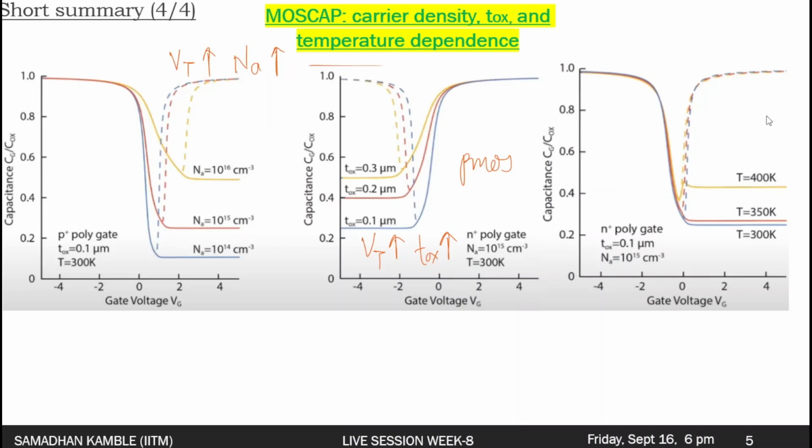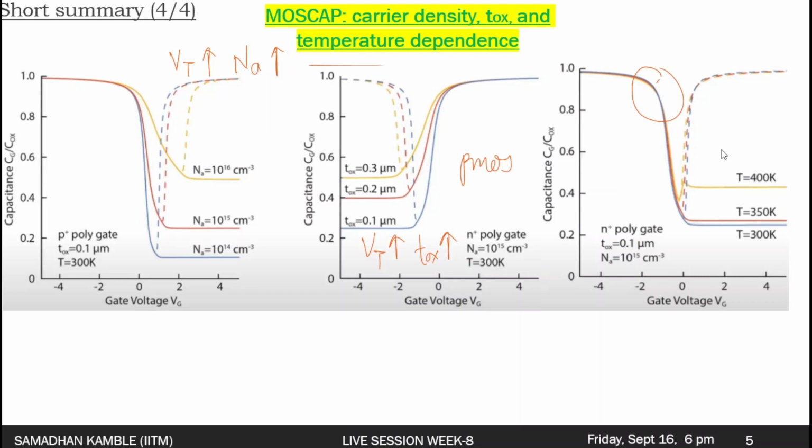You can see the third parameter, which is the temperature dependence, and again we see that for the accumulation and the depletion regimes, there is no significant difference for different temperatures. However, when we go to the inversion region, more temperature gives us more electron hole pair generation in the depletion region.